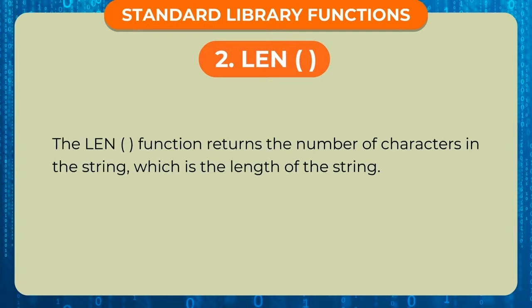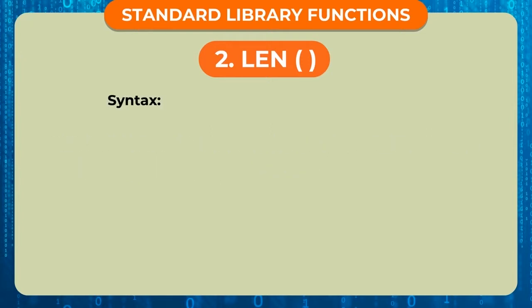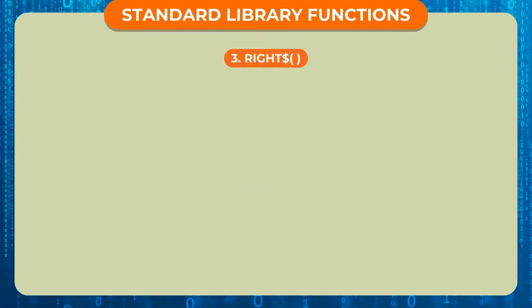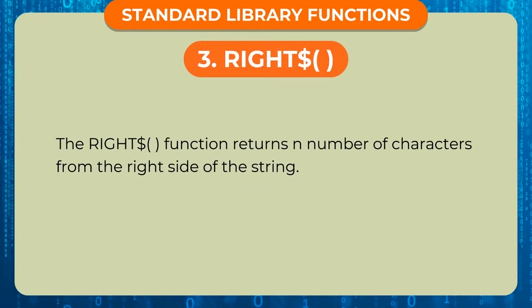LEN function. The LEN function returns the number of characters in the string, which is the length of the string. Syntax. LEN(A$), where A$ is a string expression. RIGHT$ function.